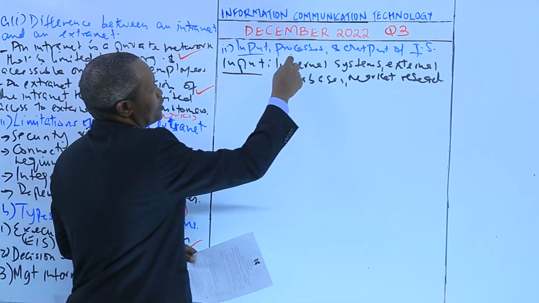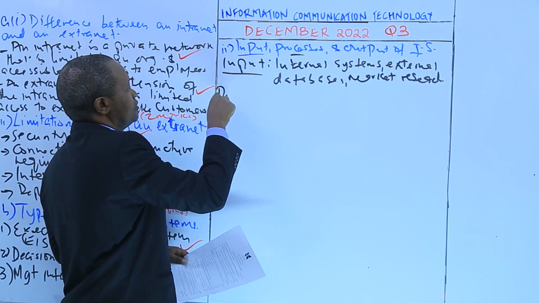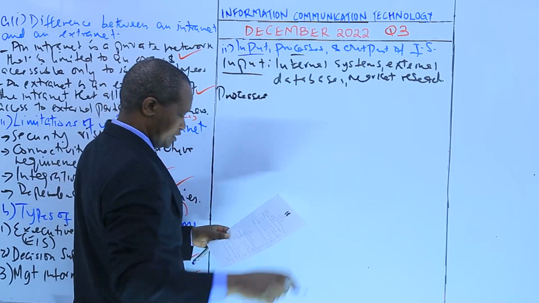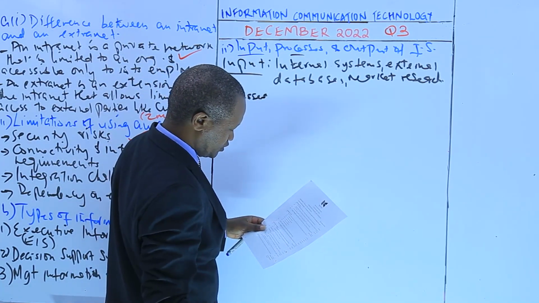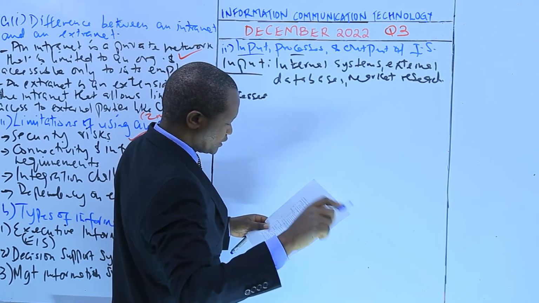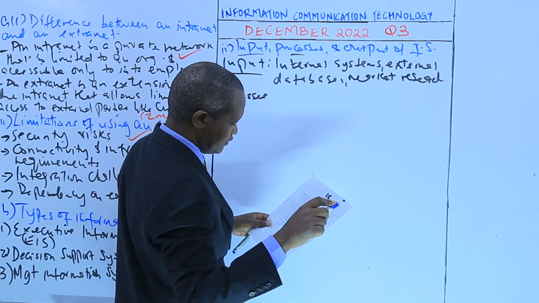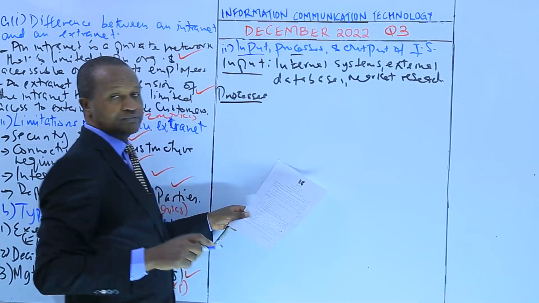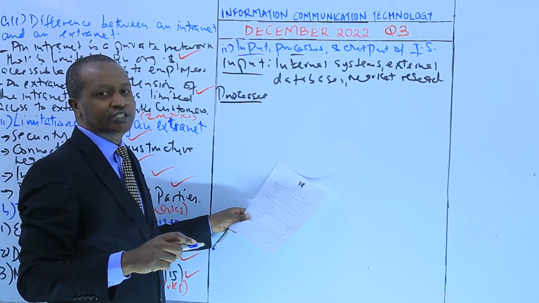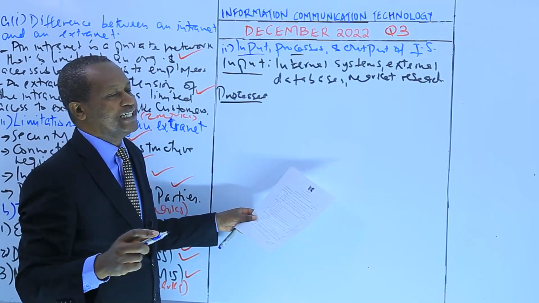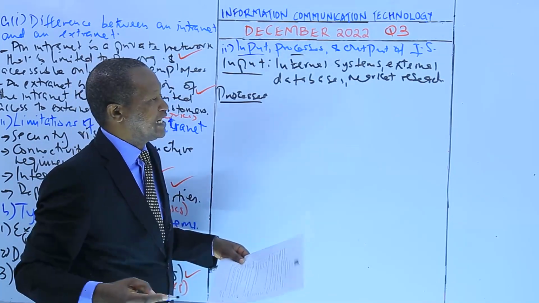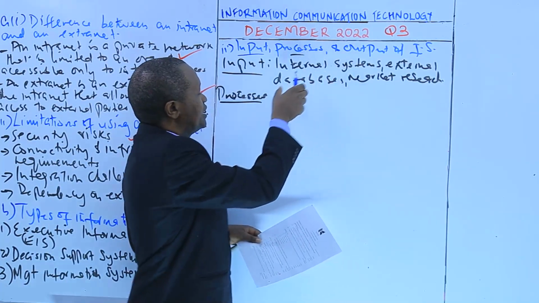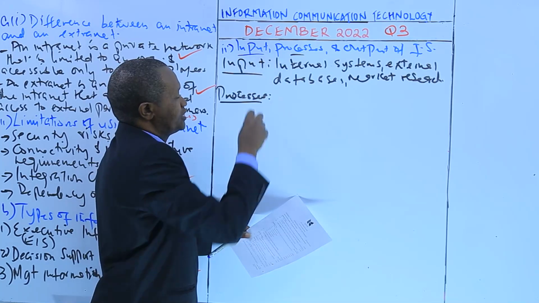Then there are processes. This is the second part of this question, which says processes of information systems used by management. Now, candidates, processes could be data analysis. When this data is obtained, then it has to be processed. And what are the processes?